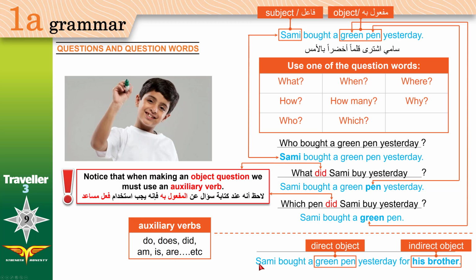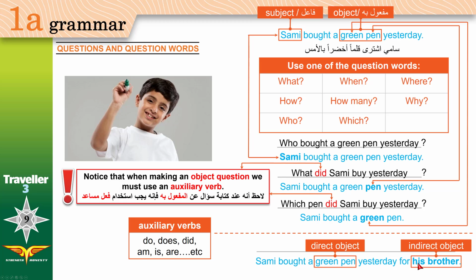In a statement like this, before the indirect object we need to use for or to. I can say that Sammy sent flowers to his parents.